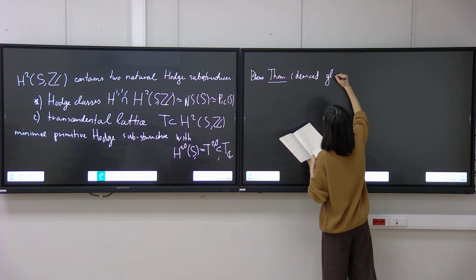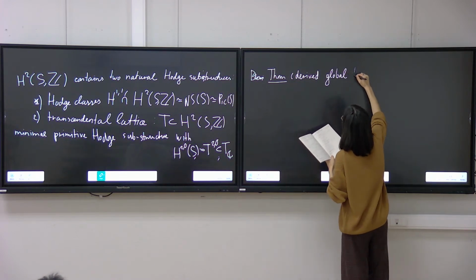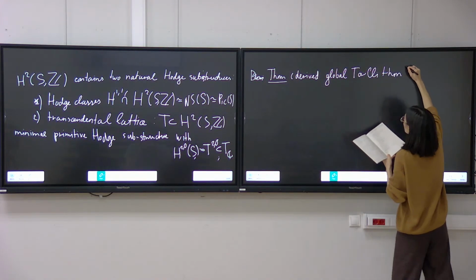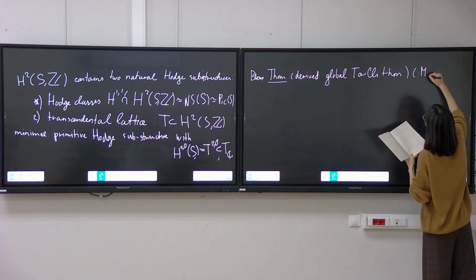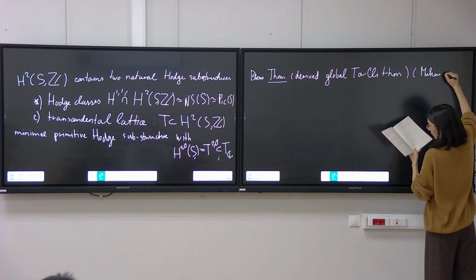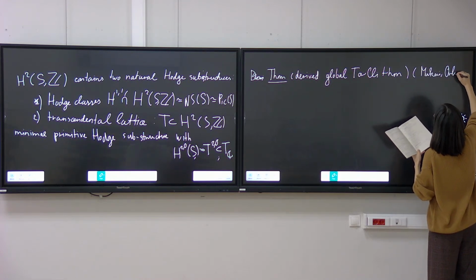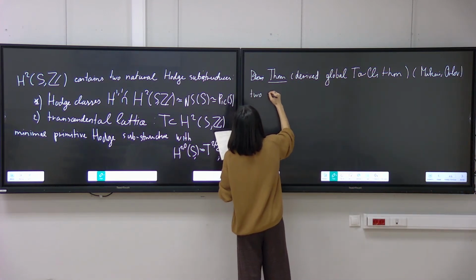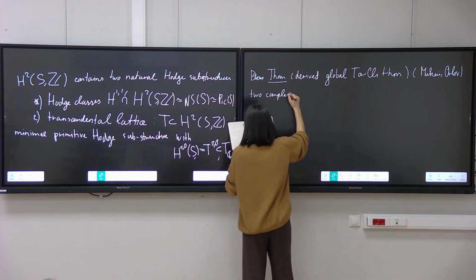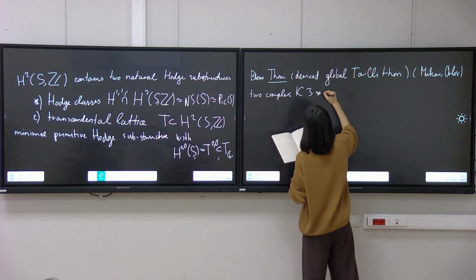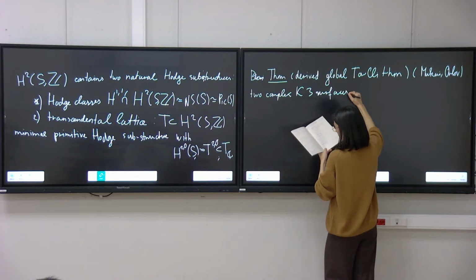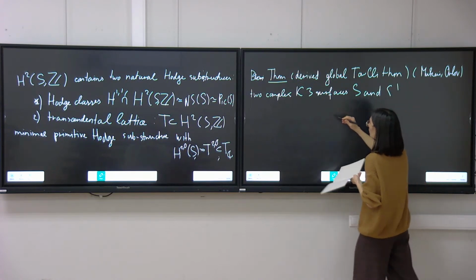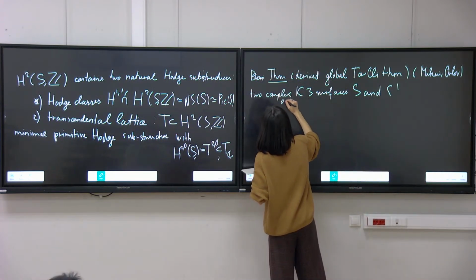So, theorem, derived global Torelli theorem, that was proved by Mukai and Orlov, to complex K3 surfaces, not just algebraic, complex algebraic, here it's important.